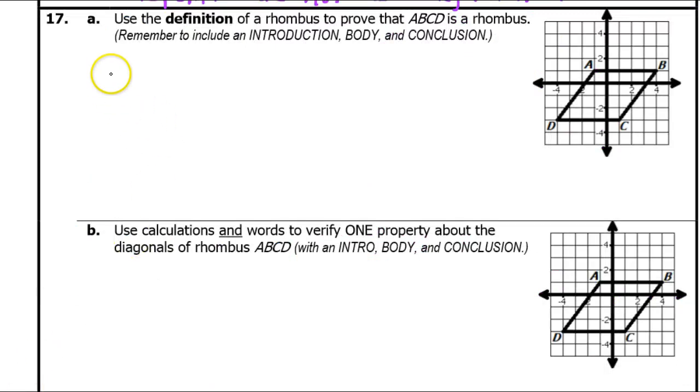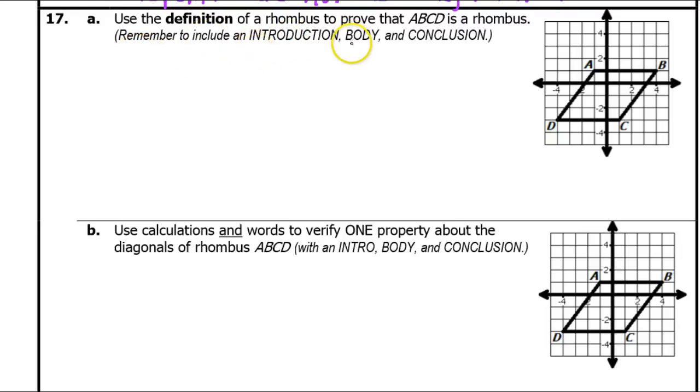For problem number 17, we need to prove that quadrilateral ABCD is a rhombus, using the definition. Whenever you prove something, you need an introduction, your calculations, and then your conclusion. In the introduction, we state our strategy.